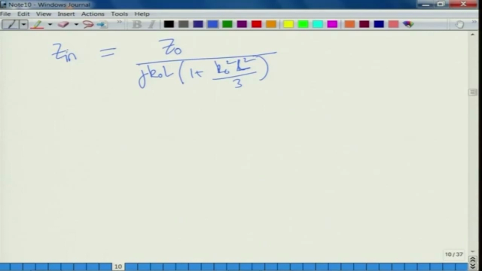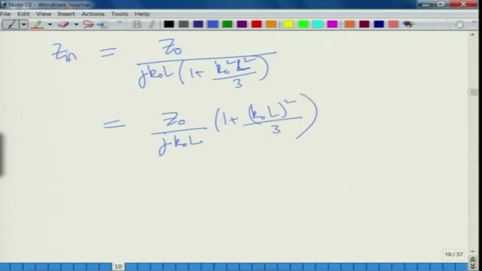Once we simplify this expression further, we see that this is Z naught divided by j K naught L, and we apply the binomial theorem to simplify the algebra, raised to minus 1. Neglecting the higher order terms of the infinite binomial series, again under the same approximation K naught L is much less than 1, the difference is that we consider the additional term.